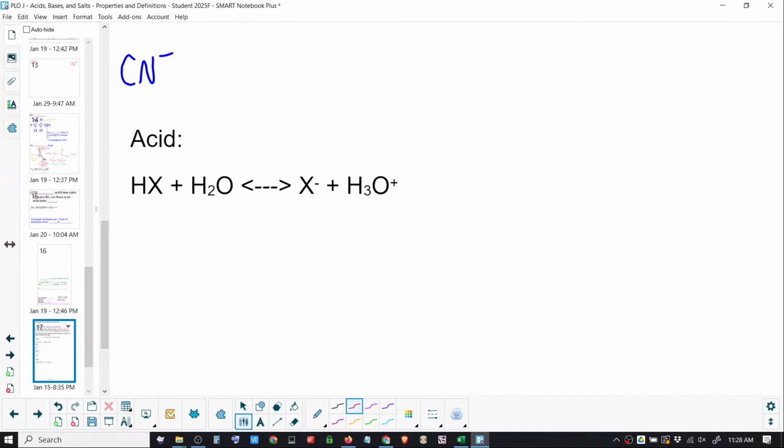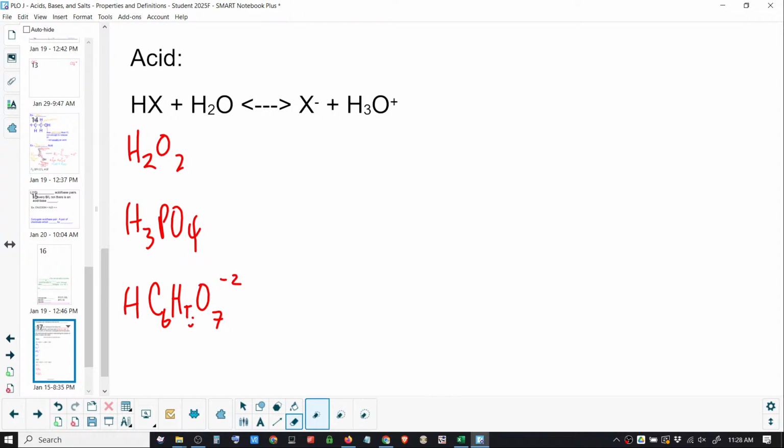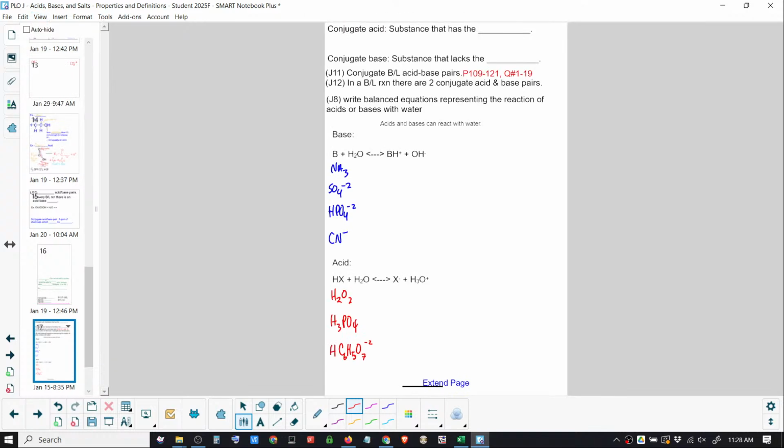Acid bases: H2O2, H3PO4, HC6H5O7 minus 2, and that is a 5. View, zoom, entire page. Excellent. Go.